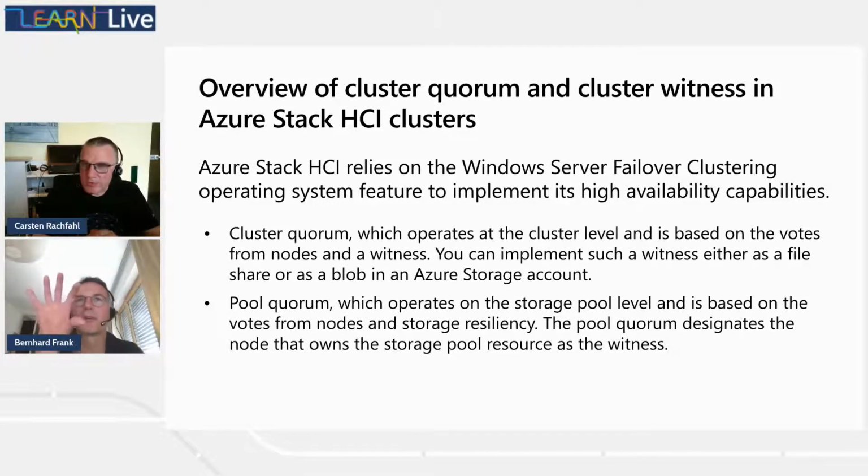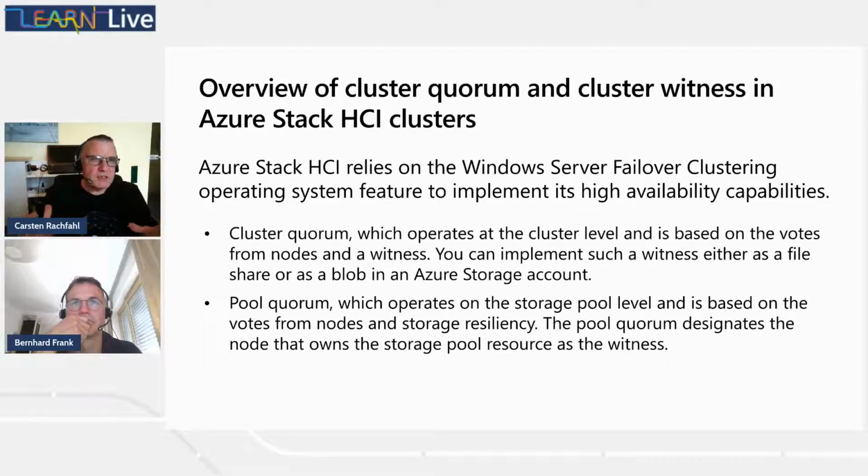Could you tell in a couple of words why we need that quorum? Yes, so imagine you have a 4-node Azure Stack HCI cluster. Every node has a vote, usually. So we have 4 nodes, 4 votes. Now if 2 of those nodes fail, 2 votes are gone.